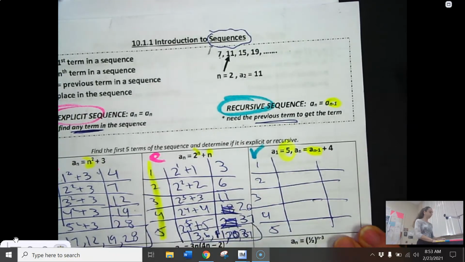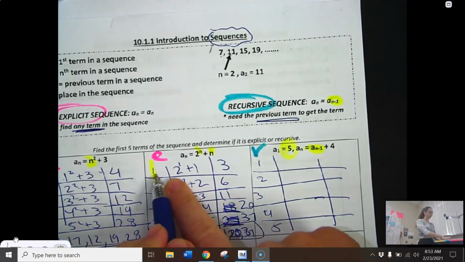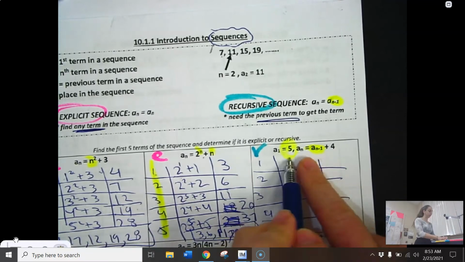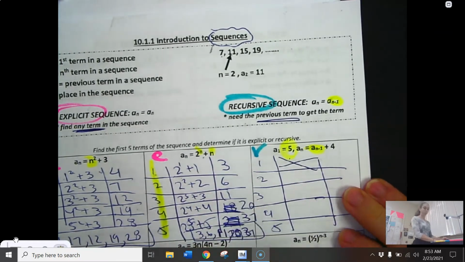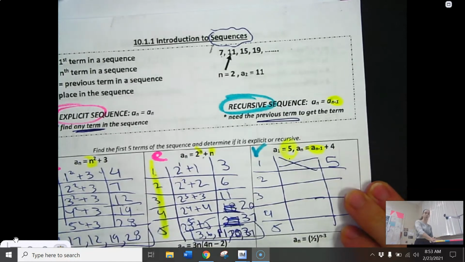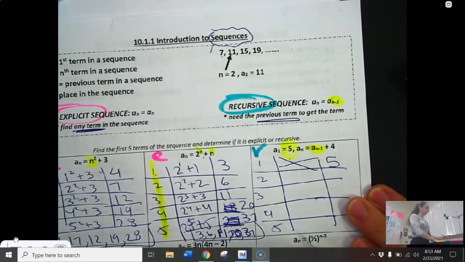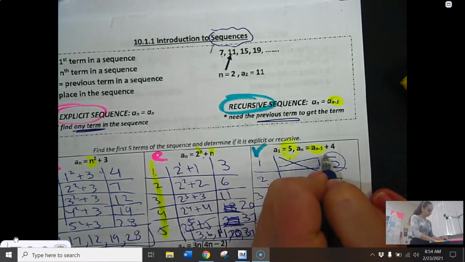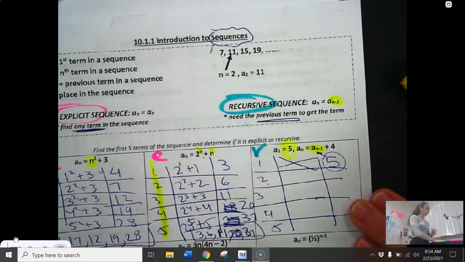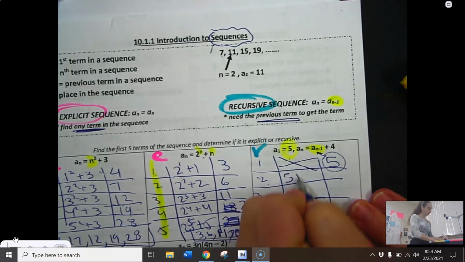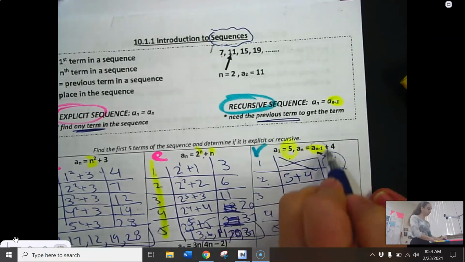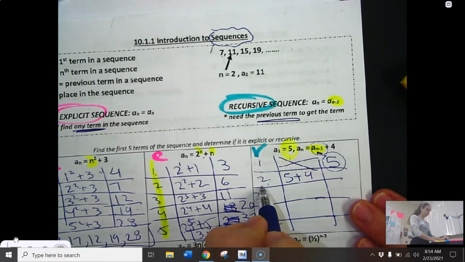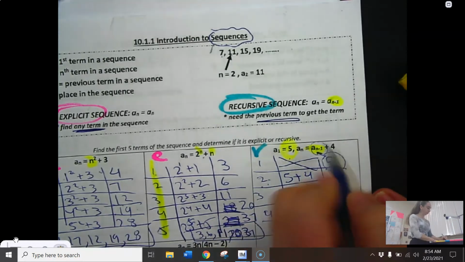In the previous problems, normally I've had to do work. To get the first term, I plug in 1, to get the second term. Here, they said you don't need to do any work. I told you the first term. But in order to get the second term, you're going to have to take that first term and plug it into a sub n minus 1. So it's 5 plus 4. It's saying take the previous term. You want the second guy? Take the first guy and add 4 to it.